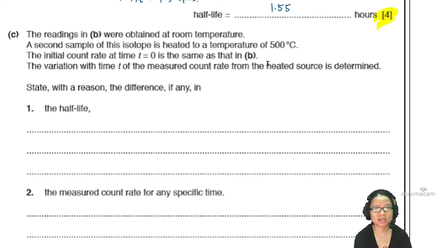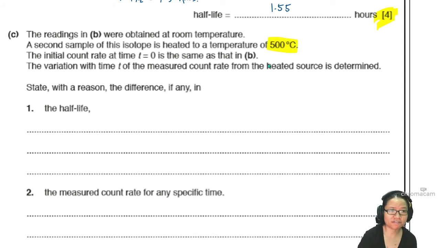The variation with time t and the measured count rate of the heated source is determined. So basically, we repeat the identical experiment. The only difference here is we increase the temperature to 500 degrees Celsius. What happens? State with a reason the difference, if any. So we need a reason. Don't just say increase, decrease, constant.